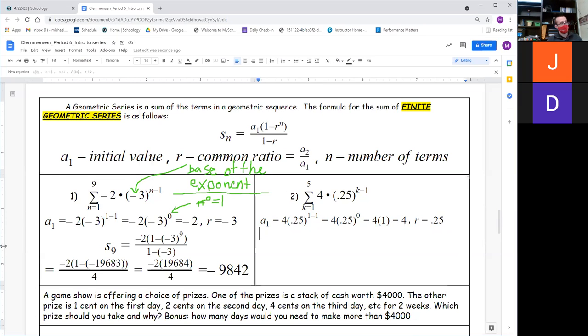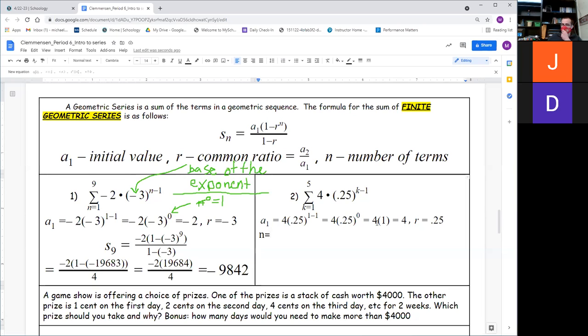So now I have my A1, I have my R. Anybody tell me what my number of terms is? N. Theo, what's my N? So my n each time is my number up top.